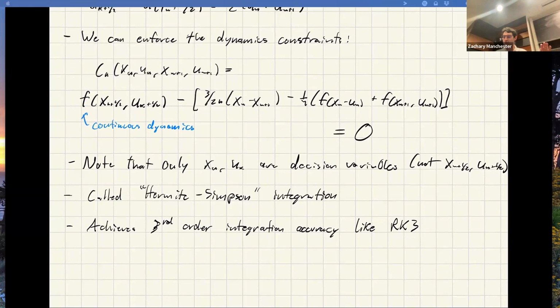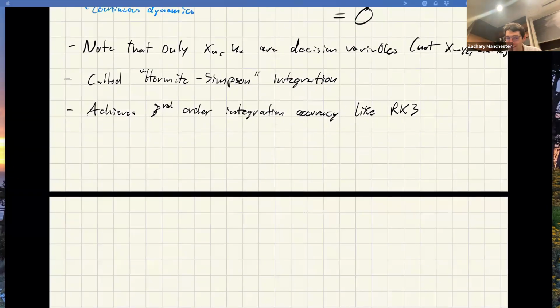Okay, and then the real nugget here, which is not obvious yet, is that this requires fewer dynamics calls than if we had done explicit Runge-Kutta. So I'm going to show you that now, which is kind of cool. This is actually more efficient, which is kind of the whole point. So let's write that down and I'll show you.